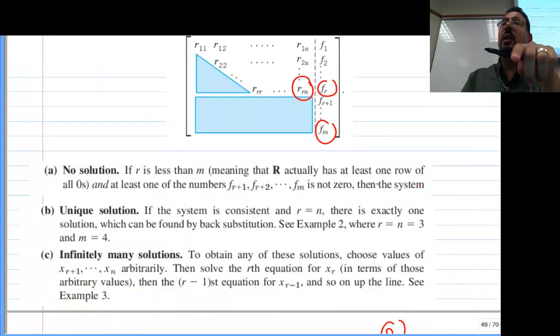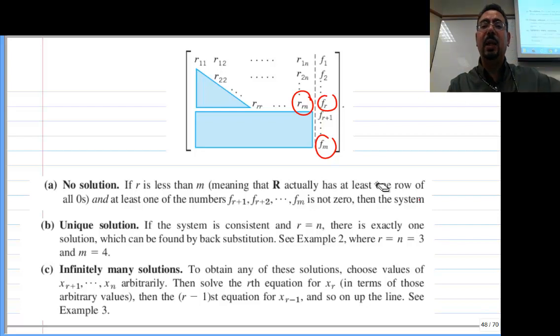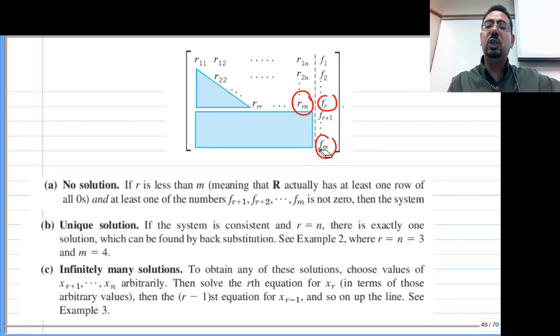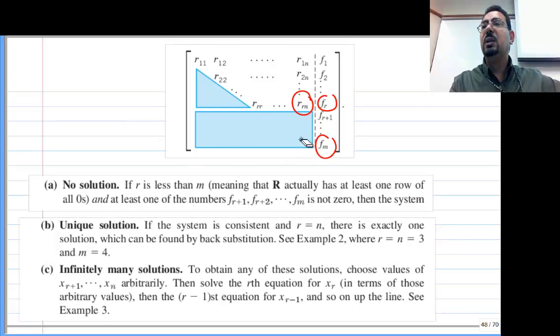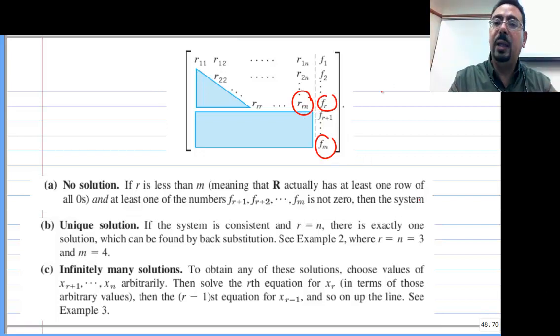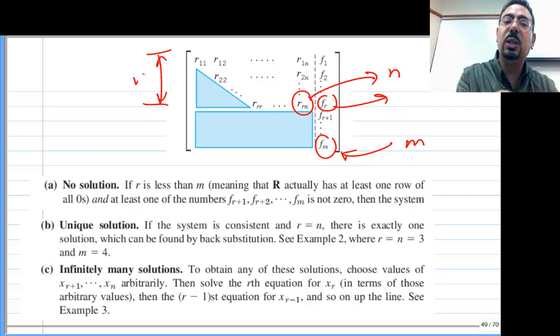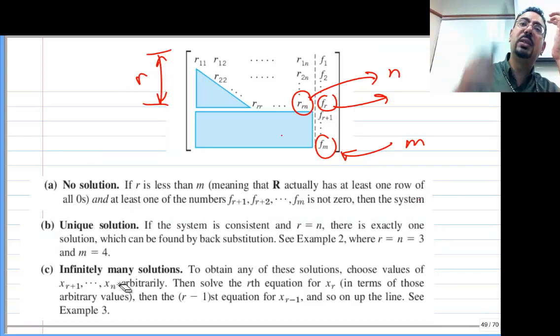In the book, if you go to the slide, he explained that. After you go through Gauss elimination and get a bunch of zeros like this, the relationship between n, the number of unknowns, m, the number of equations, and r, the number of rows you get after Gauss elimination, will set you in one of the scenarios.